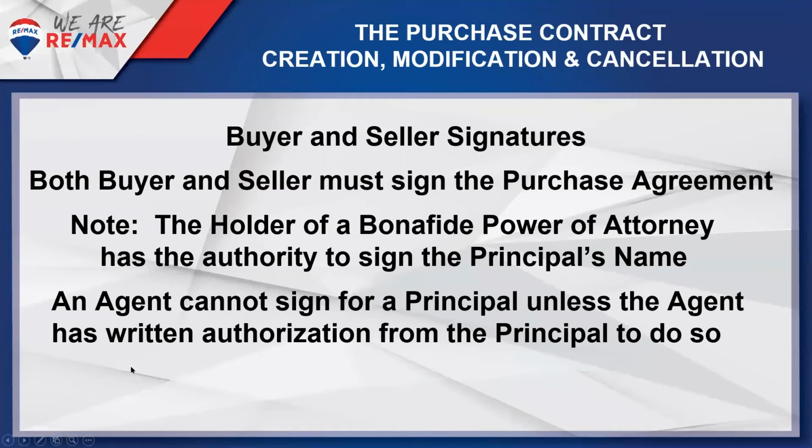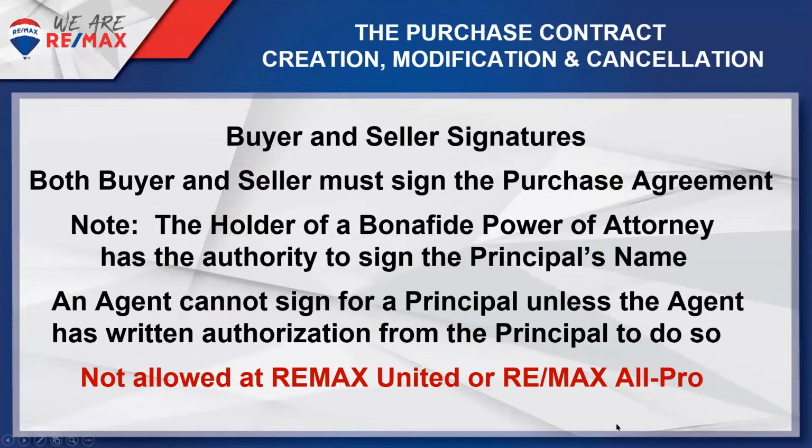Okay. Now, interestingly enough, an agent cannot sign for a principal unless they have authorization to do so. So can an agent forge their principal's name on a document? Believe it or not, the answer is yes, if the principal says it's okay, and that permission must be in writing. Now, I don't want you to focus on that too much because we don't allow that at RE/MAX, neither RE/MAX United or All Pro.